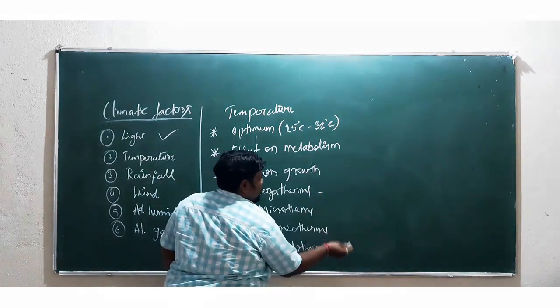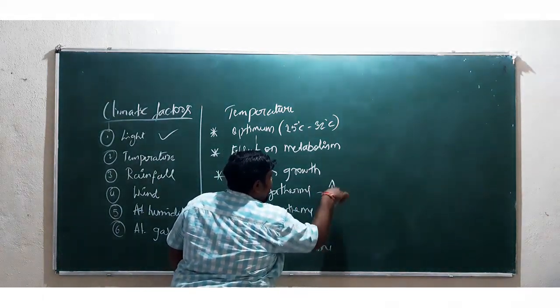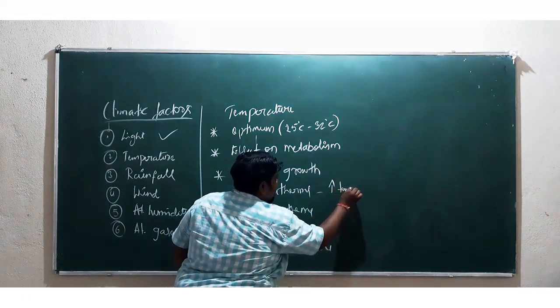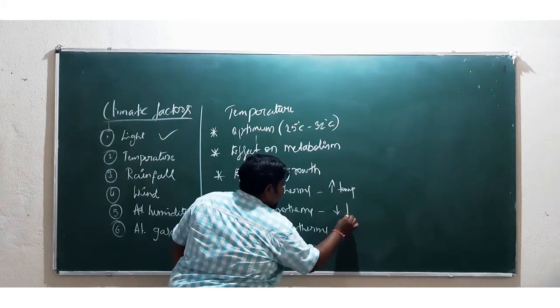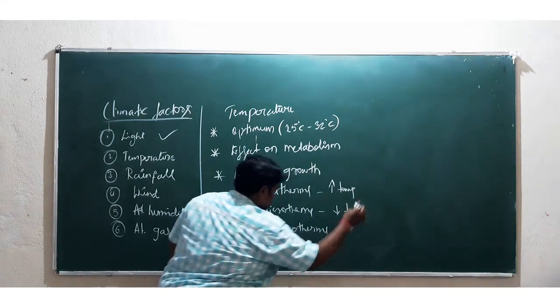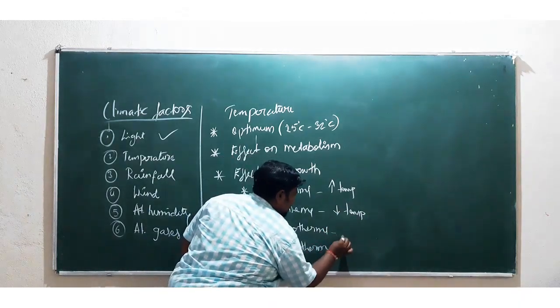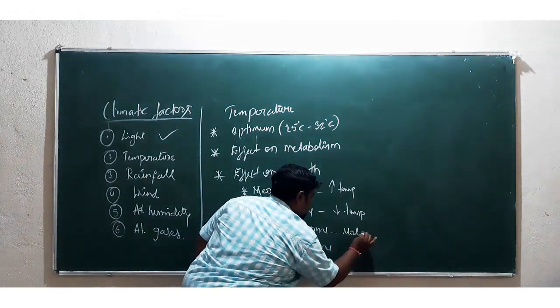What do you mean by megatherms? These plants require a high temperature. What do you mean by microtherms? They require a low temperature. And what are homeotherms? They maintain a moderate temperature.